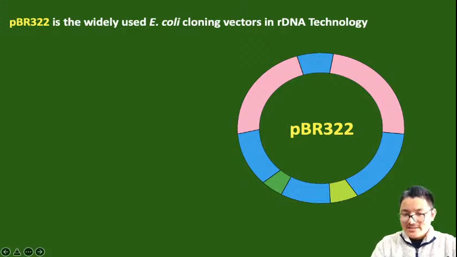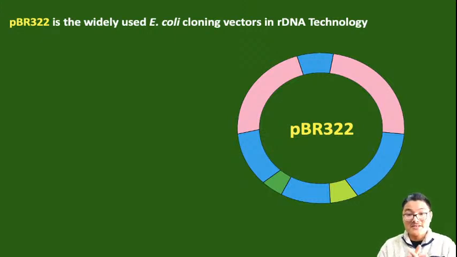In yesterday's class, we discussed vectors as one of the main topics. Why vector is important, and regarding the PBR322, it is one of the most important. Who knows, PBR322 is a synthetic vector, a vector which was constructed genetically with the help of genetic engineering.